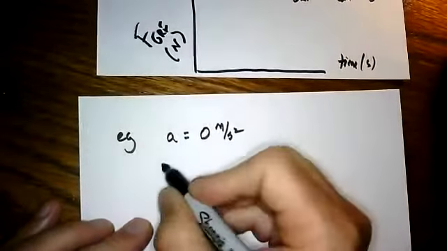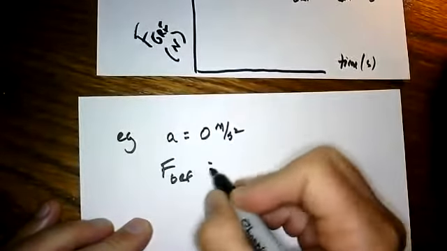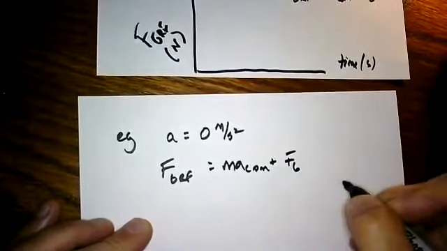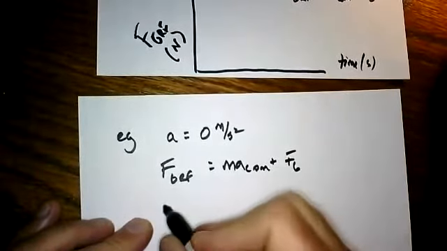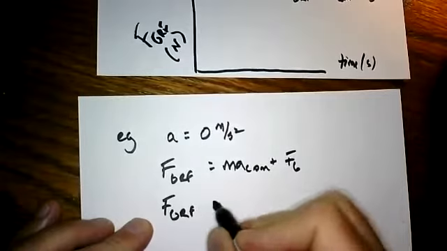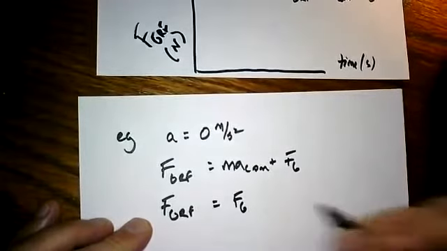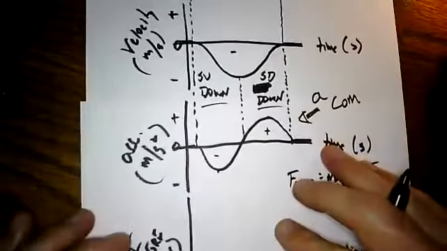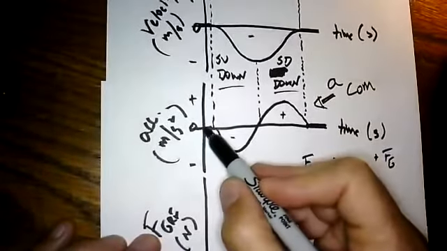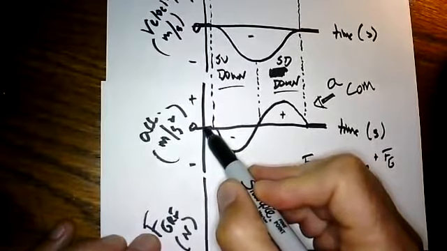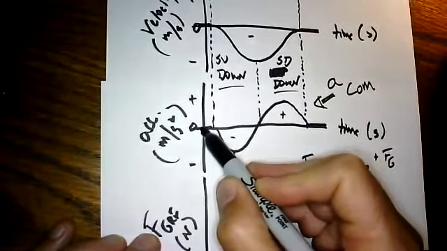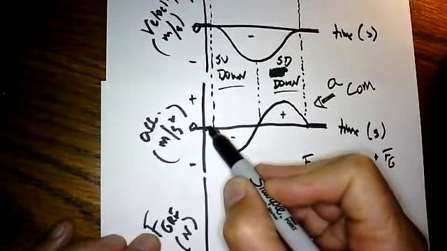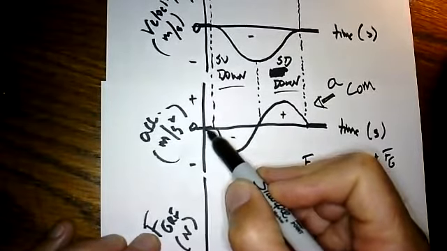We take this equation, F_GRF equals m a_COM plus F_g. I put in 0, I get F_GRF equals F_g. Let's go back up to my plot. Here, acceleration is 0. At this moment, anytime acceleration is 0, ground reaction force will be equal to body weight, the force due to gravity.